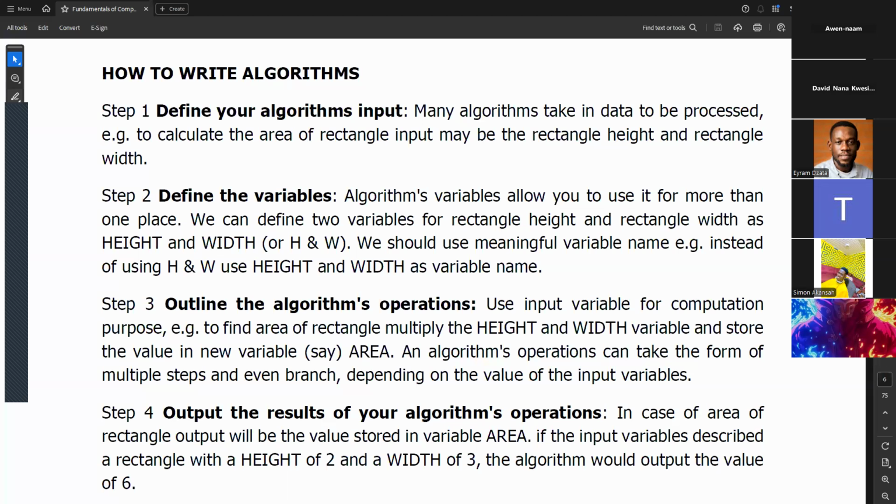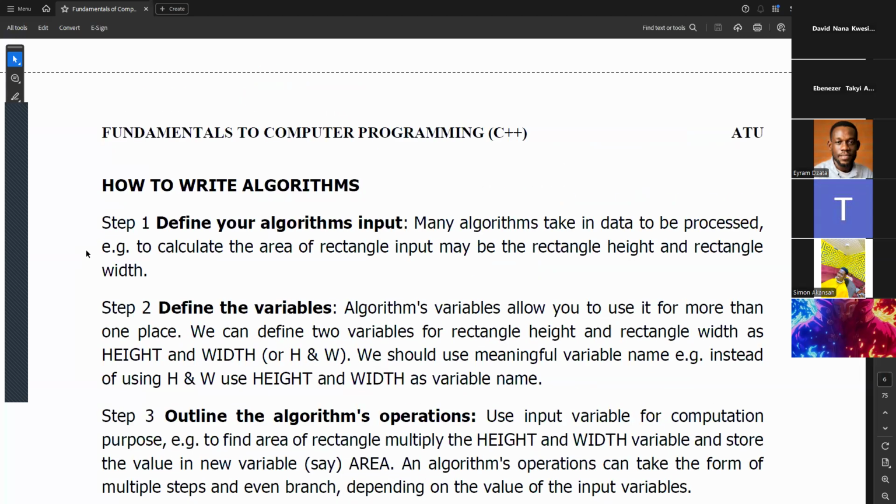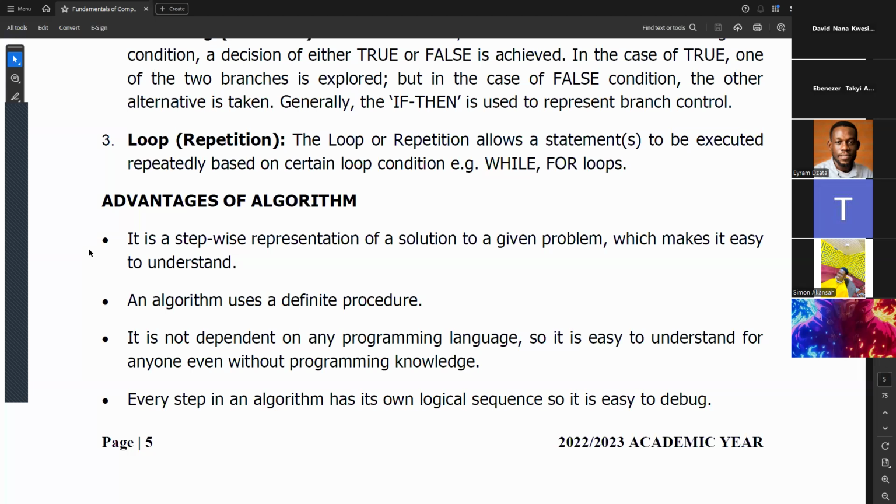All right, let's listen to David. David, you can unmute and ask your question. Please, in the advantages of algorithm, you said it is not dependent on any programming language, meaning it doesn't need the help of programming languages.